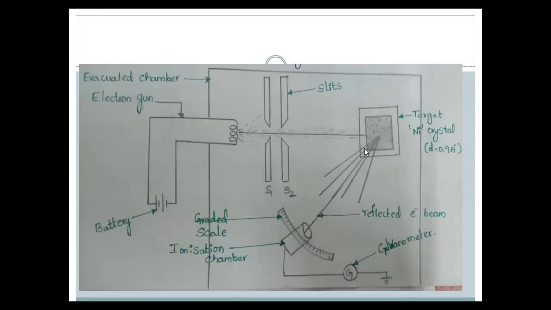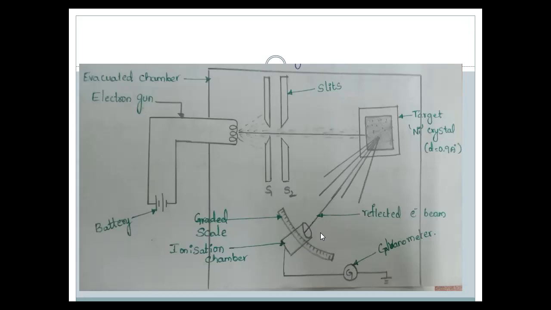But here the current should be produced due to primary electrons only. That can be done by applying a retarding potential, so that this chamber can collect only the primary electrons but not the secondary electrons. So potential is provided in such a way that the ionization chamber collects only the primary electrons, and the secondary electrons are not collected by it.